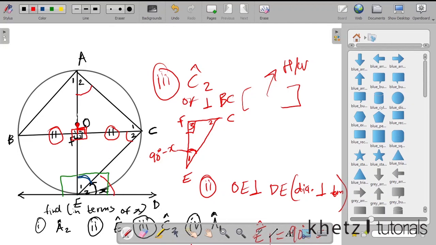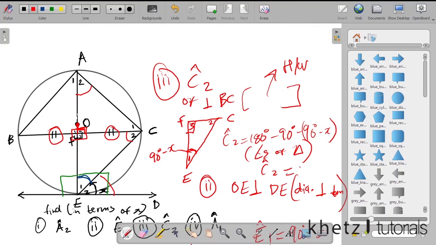Now that we know these two, we can basically say that C2 is equal to 180 degrees, subtract 90 degrees, subtract 90 degrees, subtract X. This is one angle, and this is E1. And the reason for that would be angles of triangle. And ultimately, you should get that C2 is equal to X.